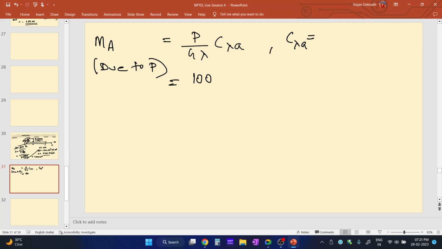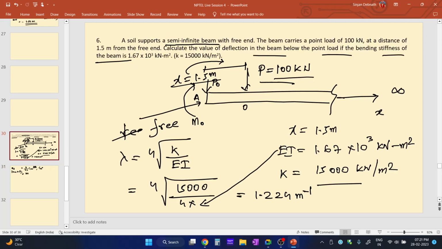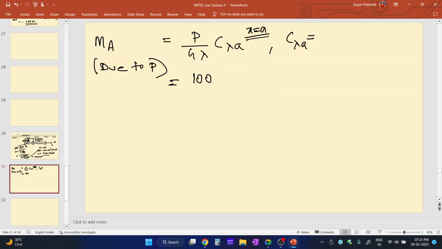Similar thing, x is equal to A. For a semi-infinite beam, x is equal to A, just the term is different. So C lambda A is equal to e to the power minus lambda A, cos of lambda A minus sine of lambda A.